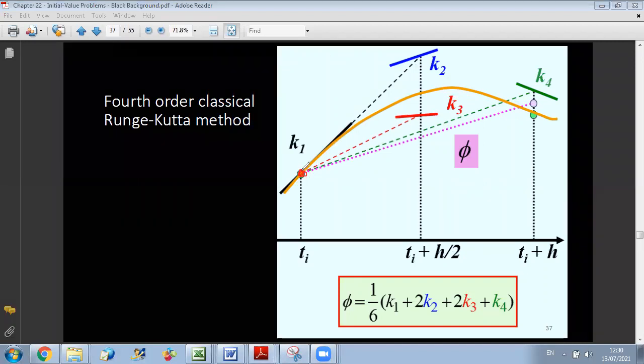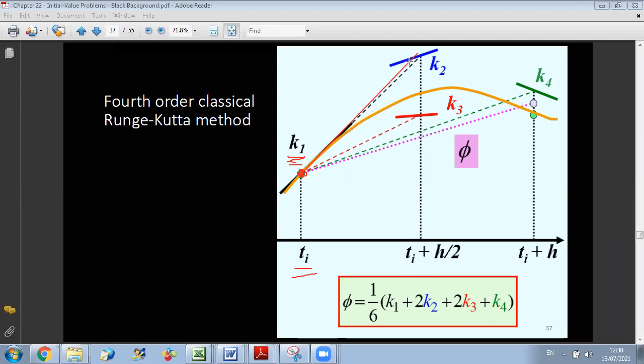Of course, to start with, I have to use the slope at this point, because I don't know any other point. I know that this point is on my curve. I don't know where the other points are. So to estimate other points, I should start from this one with slope k1. Now I will proceed first as Euler, but instead of going step h, I go step h over 2.